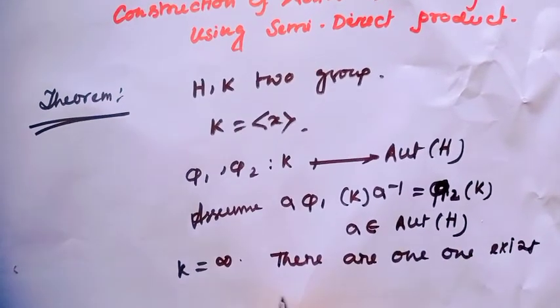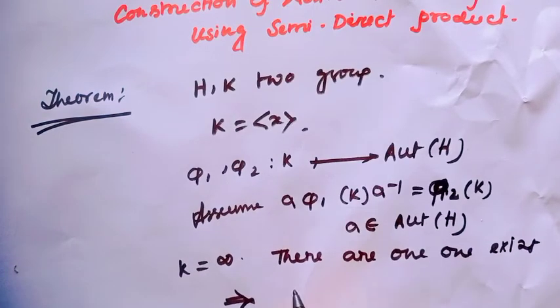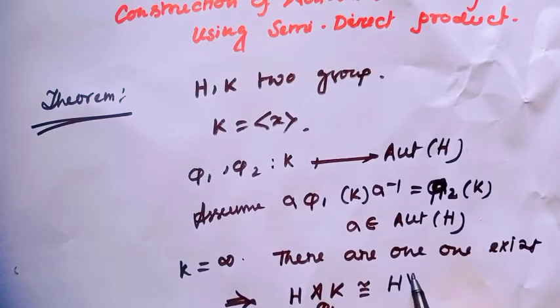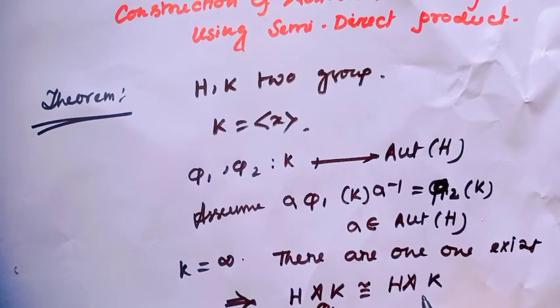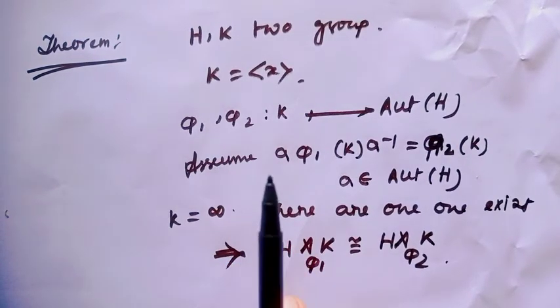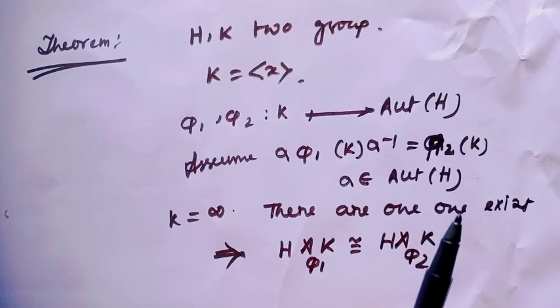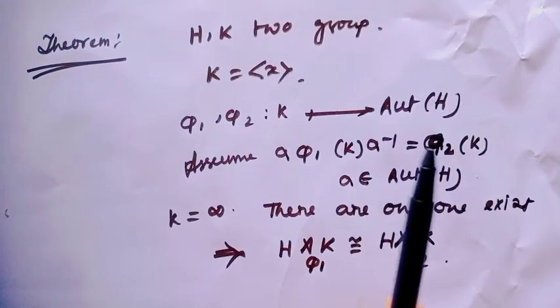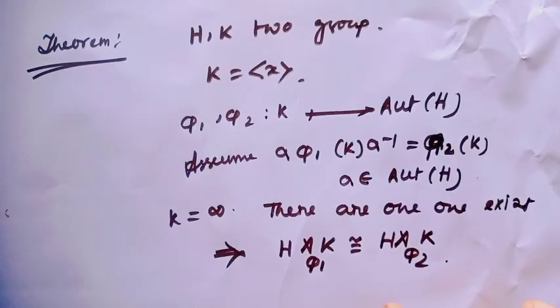And we can tell that S semi-direct product K with the homomorphism phi 1 is isomorphic to S semi-direct product K with the homomorphism phi 2. That means if phi 1 and phi 2 have equal images, and if this Sylow p-subgroup divides the order of the group G, then we will get semi-direct products which are isomorphic to each other.